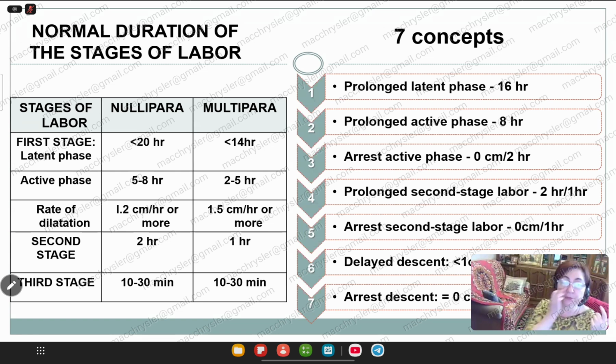Latent phase is abnormal if it's more than 20 hours for nulliparous and more than 14 for multiparous. Active phase is abnormal if for nulliparous it's more or less than 5-8 hours, and for multiparous more or less than 2 to 5 hours.